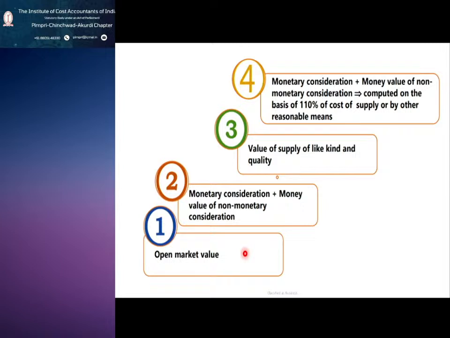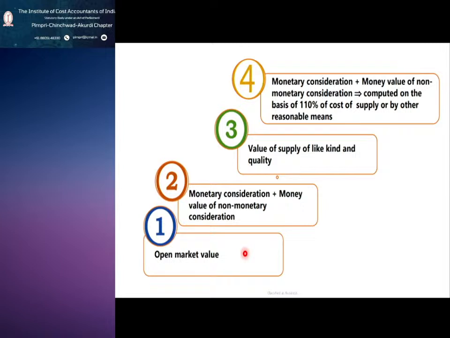The first step is you need to see the open market value. If you are not able to find the open market value, the next step is the monetary consideration, if anything is given in the problem, and the value of non-monetary consideration. So even if you are not able to find that, then you have to go to the next level.